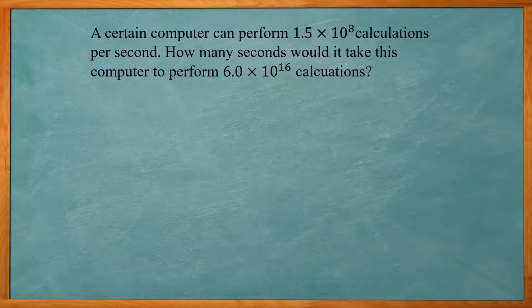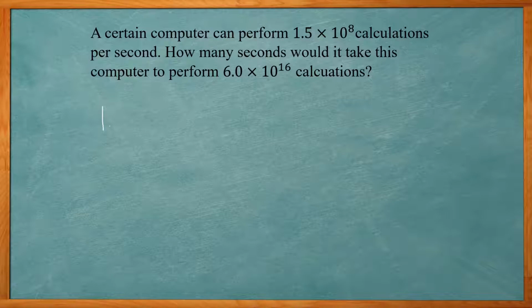So here's our example problem. A certain computer can perform 1.5 times 10 to the 8 calculations per second. How many seconds will it take for this computer to perform 6.0 times 10 to the 16th calculations? All right, so for this problem, I can set up a proportion.